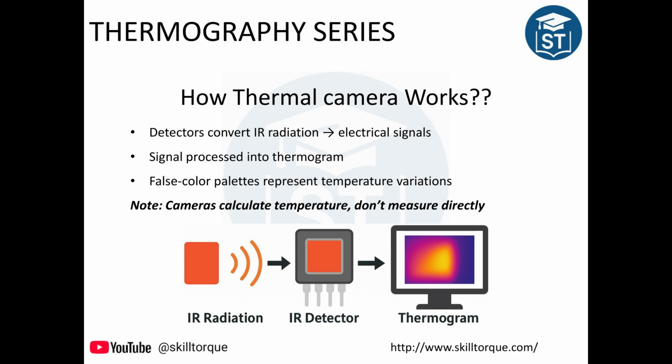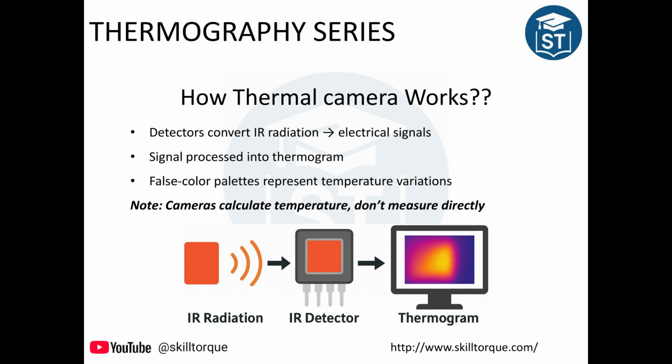Okay, so after that, this IR light will fall on the detector that is just behind the lens. This detector will convert this IR energy into an electrical signal, and these signals will be processed inside the circuit to convert into the thermal image, where each pixel represents a temperature measurement.